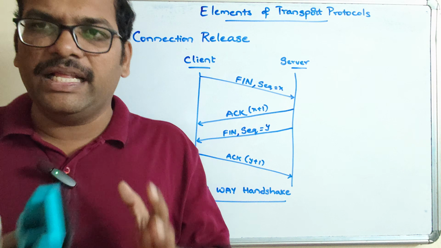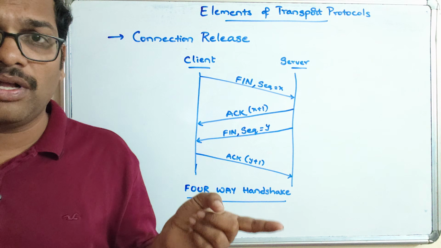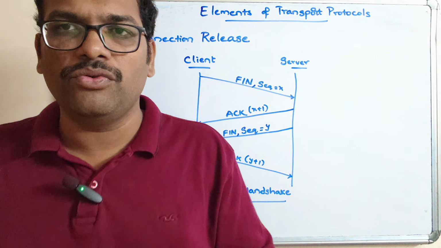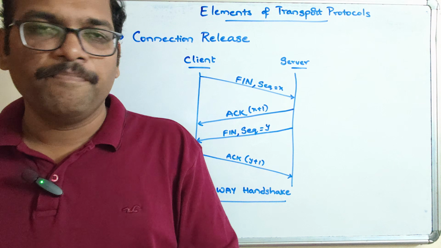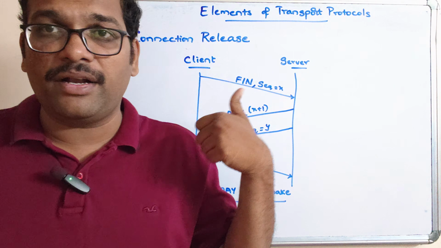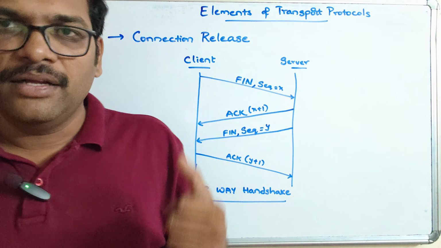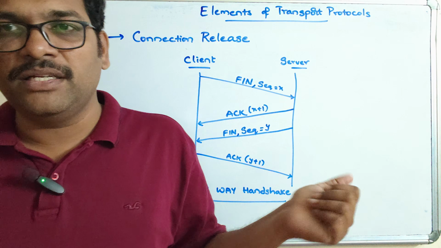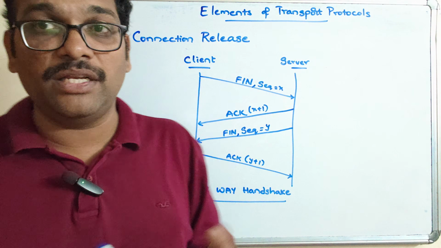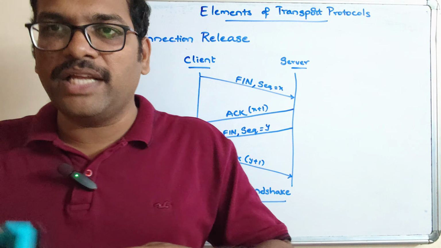So mainly these three. Apart from these three, the flow control, already we have seen the sliding window protocols. So the same concept, in order to reduce the data transfer, we are going to use the flow control. And coming to the error control, error detection will be done by using different techniques like checksum or CRC. And also multiplexing. So at a time, multiple applications can send the data. So previous example we have seen email and WhatsApp. At a time, both the applications must use the internet.